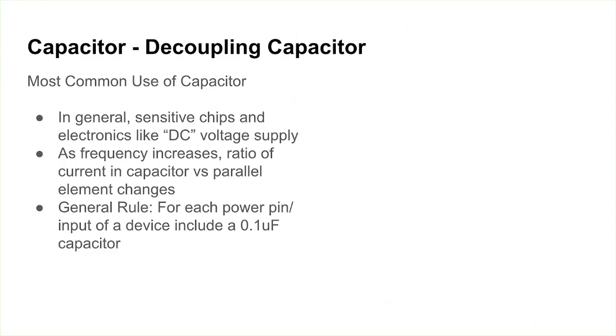So what is the biggest application of a capacitor in our type of work is what we like to call a decoupling capacitor. In general, we like to say that our sensitive chips and electronics like a DC voltage supply. So like in our example, we really like a nice clean voltage. So if here's our voltage, here's our time, this is good, right?